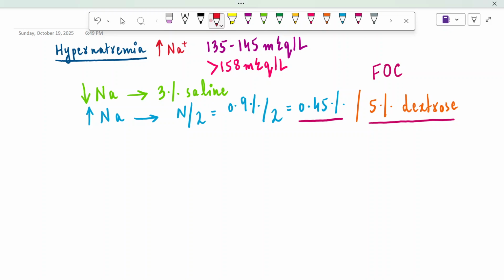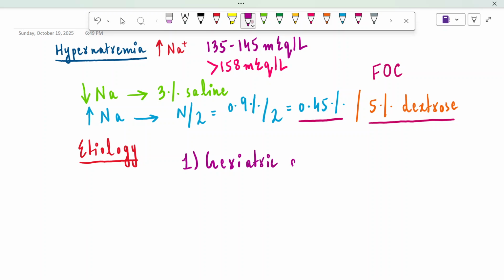So what is the etiology behind hypernatremia? Let's discuss the etiology. Etiology depends on various conditions. For example, the first is the geriatric age group. What does geriatric mean? Geriatric age group means persons who are in their 70s, 80s or 90s, right?